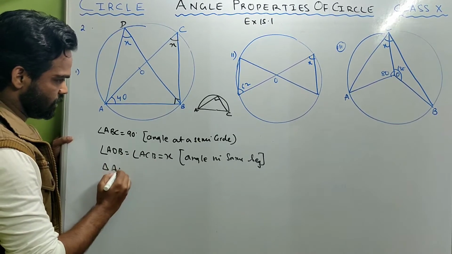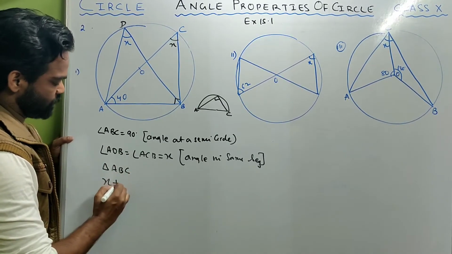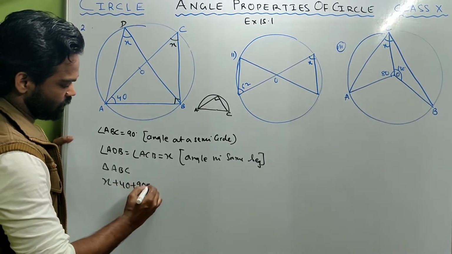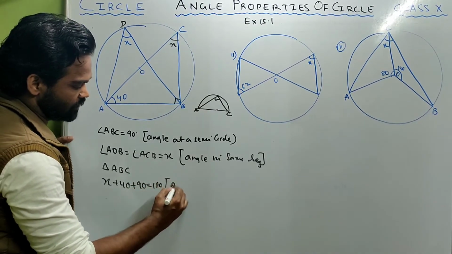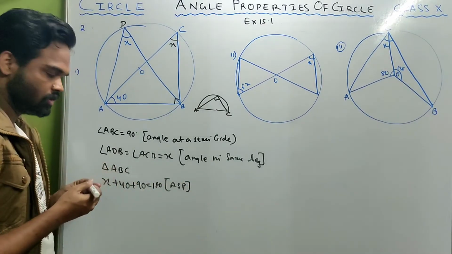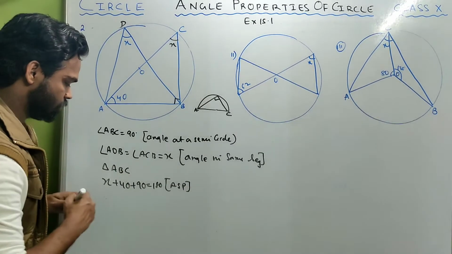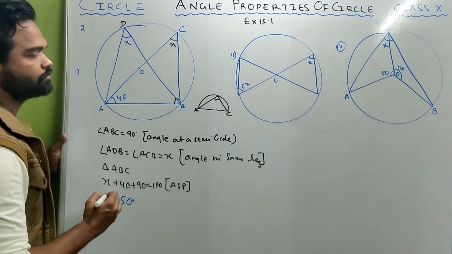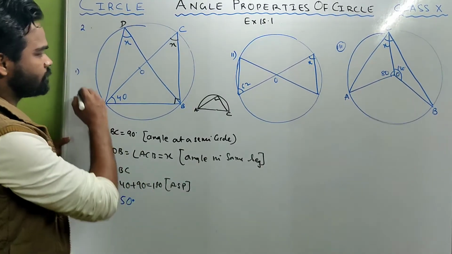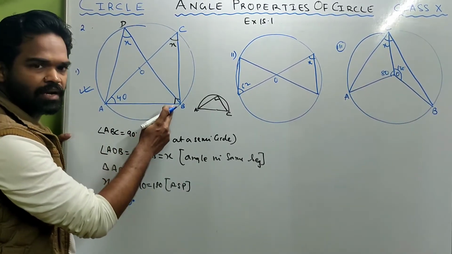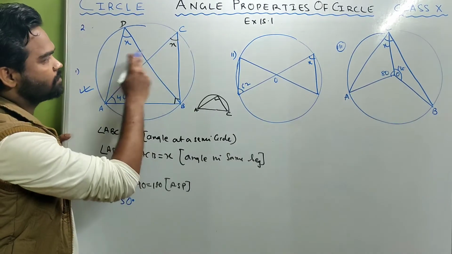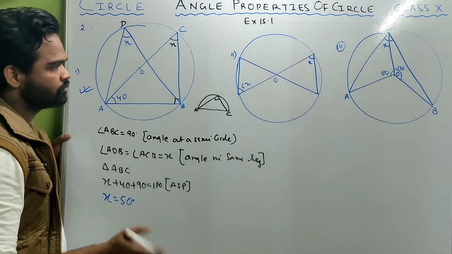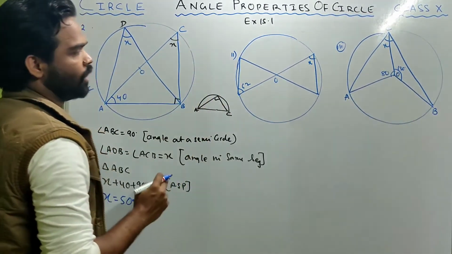In triangle ABC, x plus 40 plus 90 equals 180. Angle sum property, isn't it? So x will be 180 minus 130, that's 50 degrees. Done. Pretty easy. We first use angle in a semicircle, then same segment, and then angle sum property.